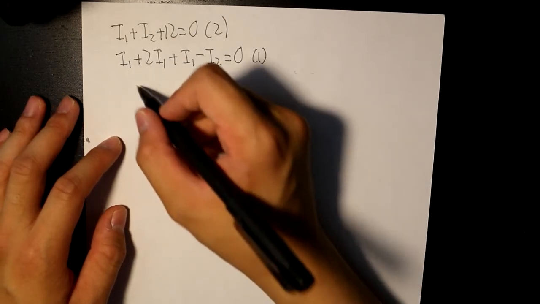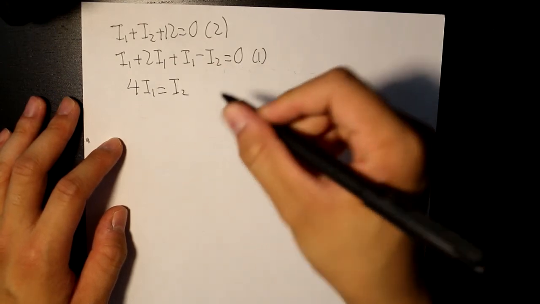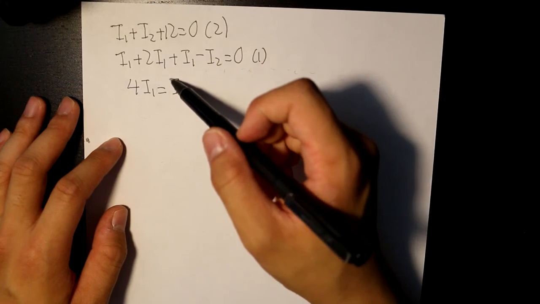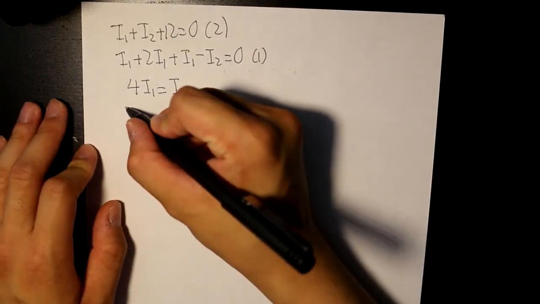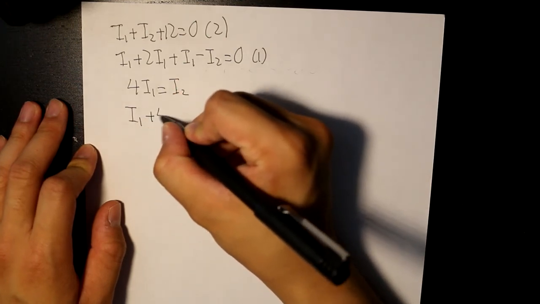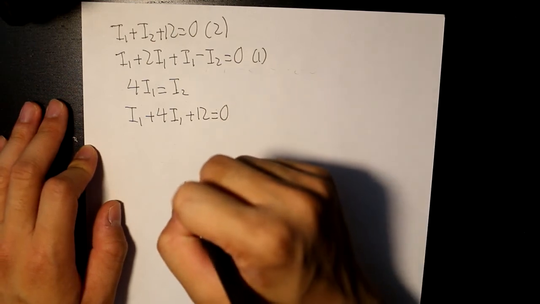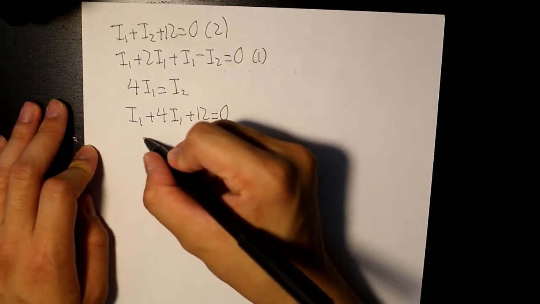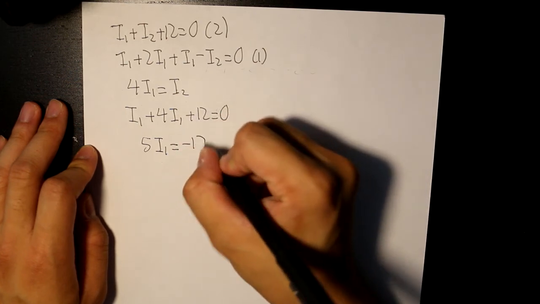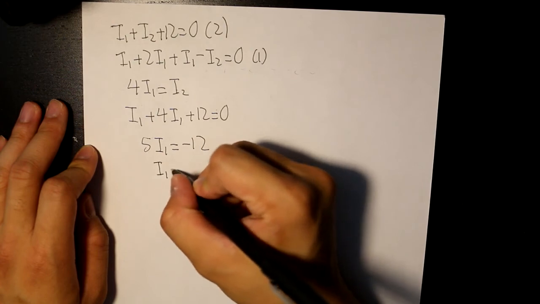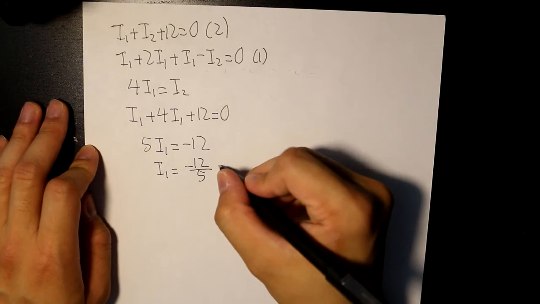So we have 4I1 is equal to I2, and then we can sub the value of I2 into equation 2, and there we're going to get I1 plus 4I1 plus 12 is equal to 0. And then we get 5I1 is equal to minus 12. And I1 is going to be negative 12 divided by 5 amps.